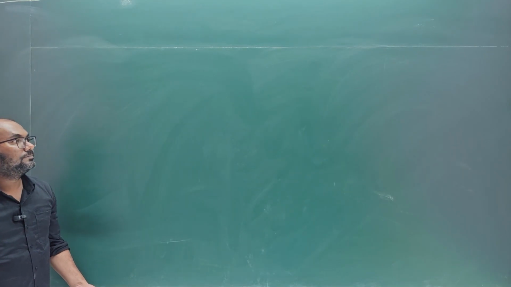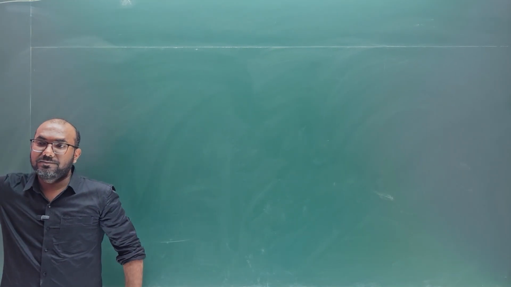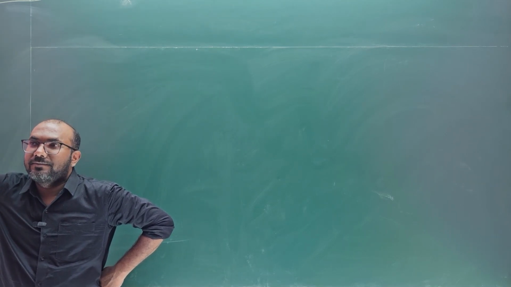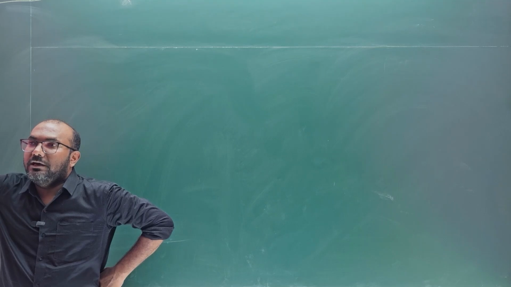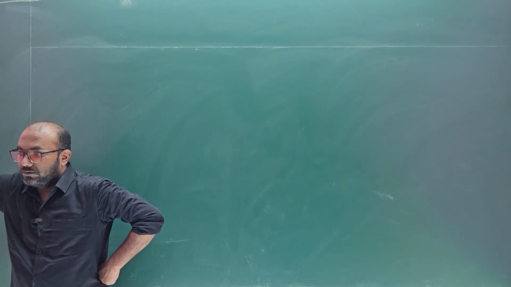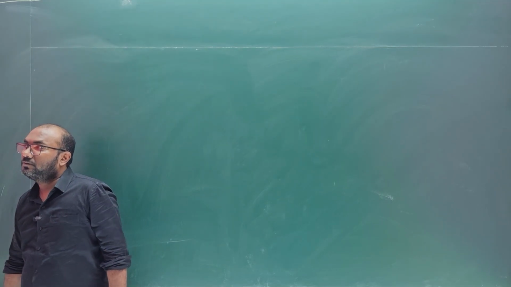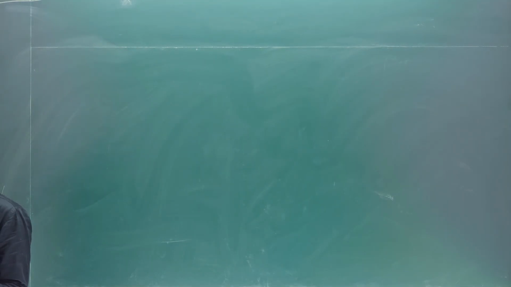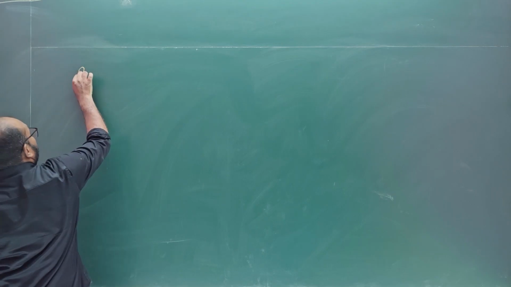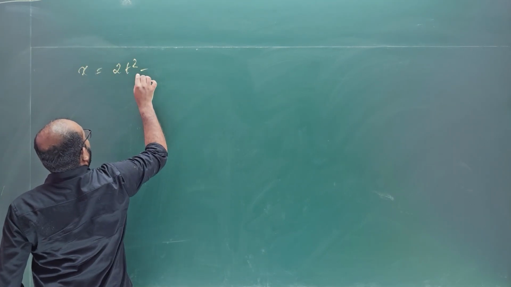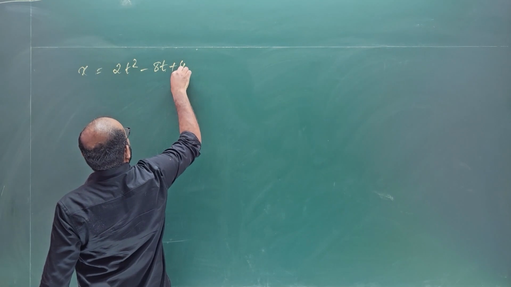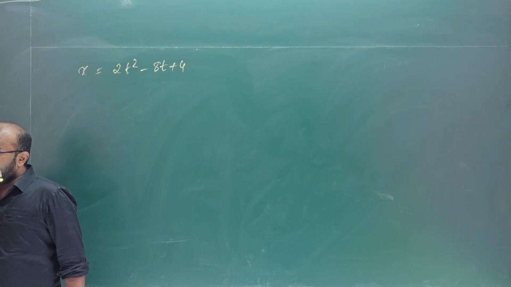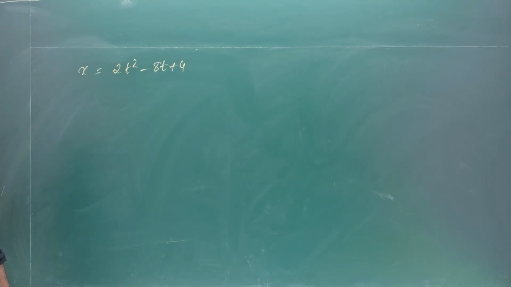Okay, shall I now? Shall we move to next level? Okay, then write down a question. x is equal to 2t square minus 8t plus 4.